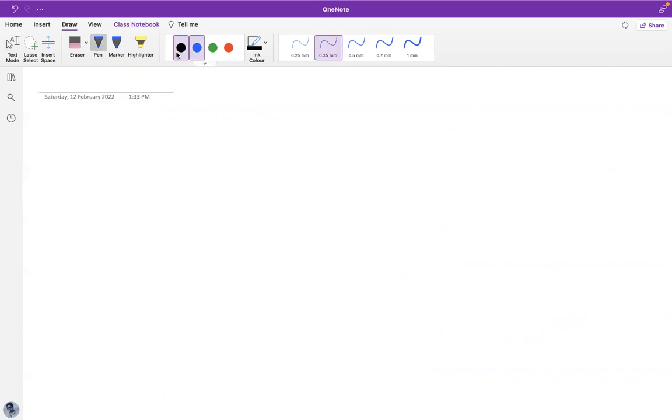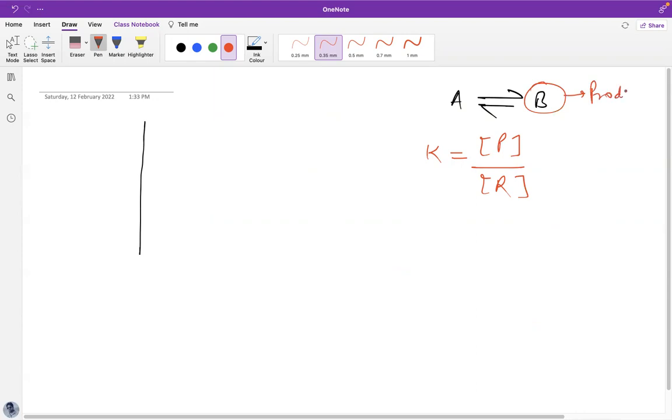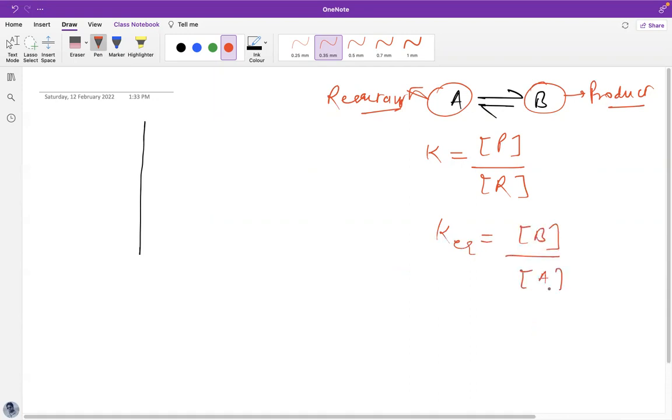Now I'm going to tell you about the graph of equilibrium. Suppose we have a chemical reaction A to B. And one more thing I want to tell you. If you write the equilibrium constant K, then it is the concentration of product upon concentration of reactant. B is my product, A is my reactant. So K equilibrium will be B divided by A. Okay.